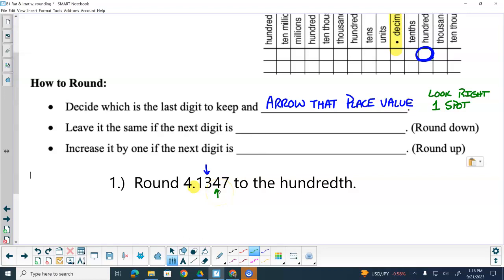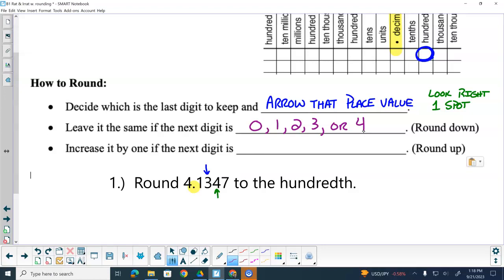If that number is 0, 1, 2, 3, or 4, you're going to keep the arrowed digit, the one you're rounding to, the same.